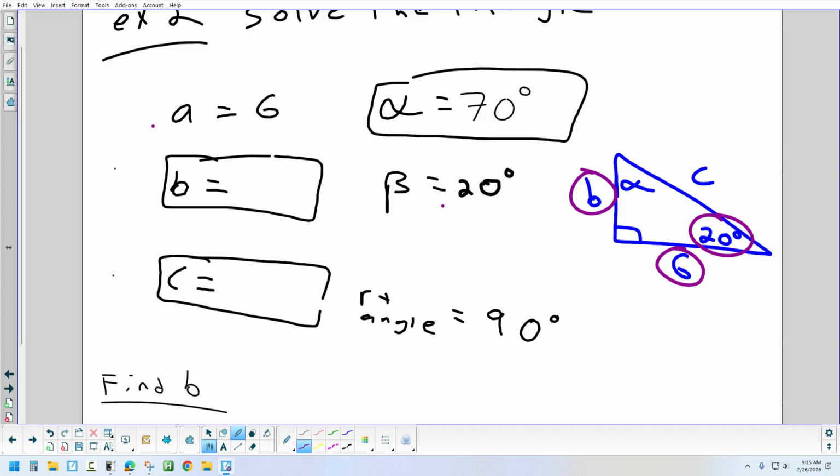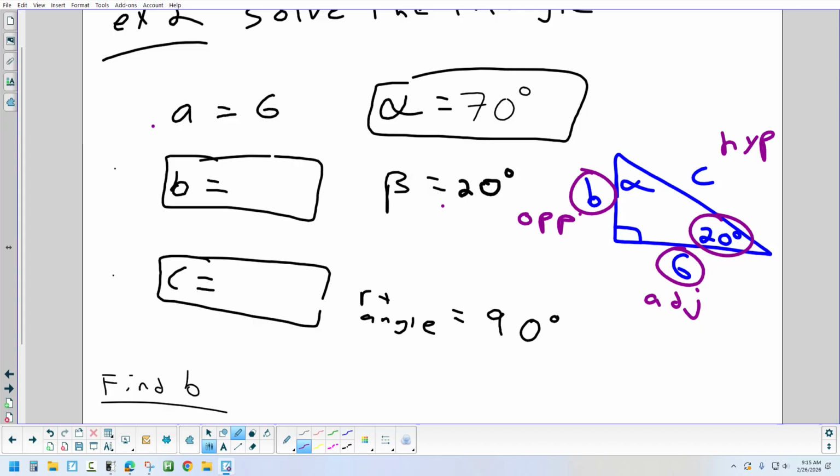What's the name of the side that is 6 units long? Adjacent. That is the adjacent. What's the position of the side that's labeled B? Opposite. And the position of the side that's labeled C? Hypotenuse. Okay, we're not dealing with hypotenuse right now, but we will when we finish the problem.